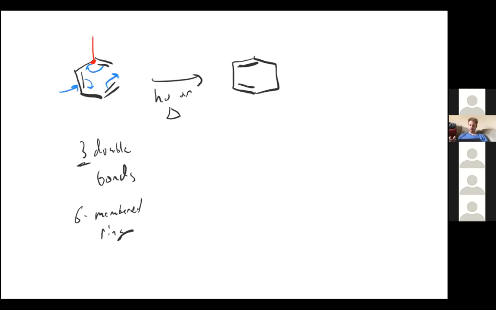If we do this with a 2 double bond system, we'll generate a 4-membered ring, like so. We do this with 8.